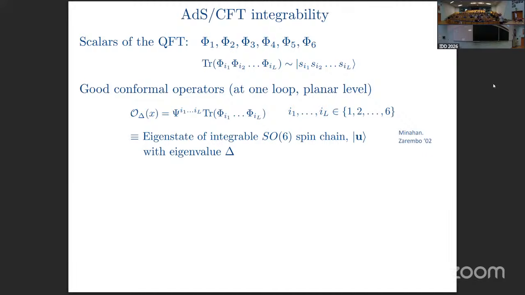That's kind of trivial, but what is not trivial is that the good conformal operators can be mapped to the eigenstates of an integrable SO(6) spin chain. And their conformal dimensions are then the energy eigenvalues of that spin chain. And again, I use this u to denote the energy eigenstates of the spin chain.